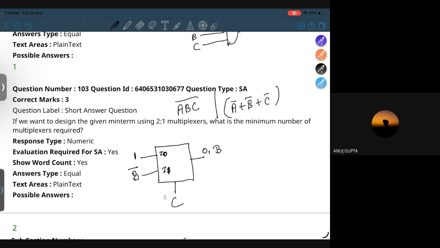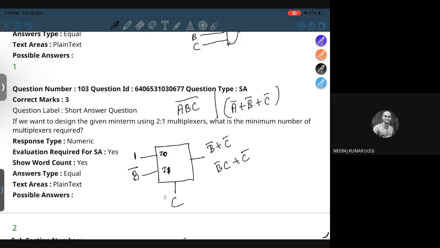Why plus? Because you will get only one input at a time. But that will also be like B naught plus C naught. Yes, that is also correct.